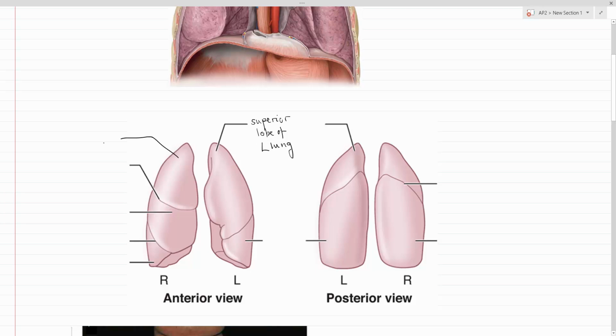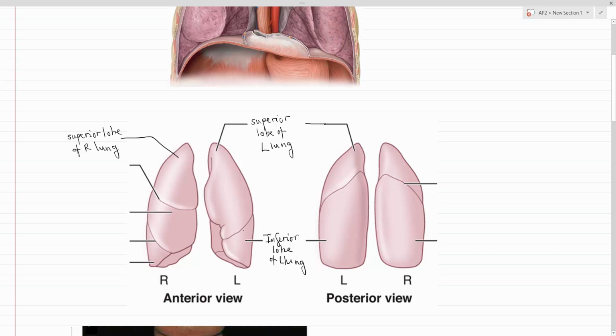It's not an auspicious start when you mix up left and right lung, but here's the superior lobe of the right lung, and this is the inferior lobe of the left lung. Okay, left lung there. So both of these over here are on the posterior side. This is on the anterior view. So on the left lung, we only have 2 lobes.